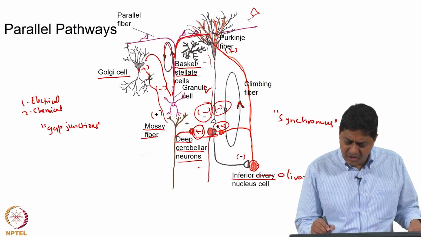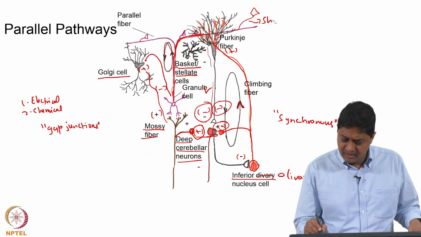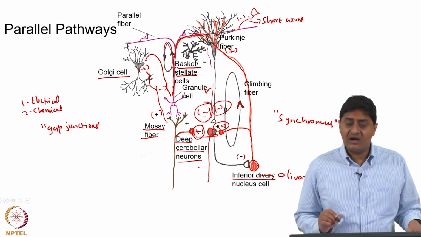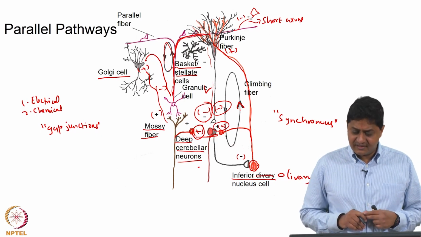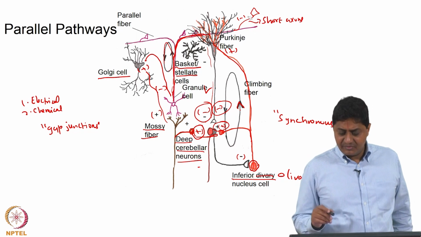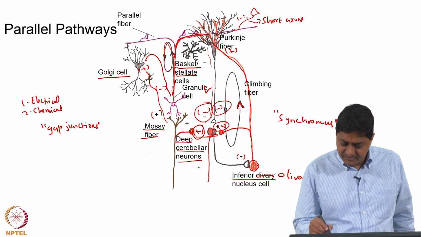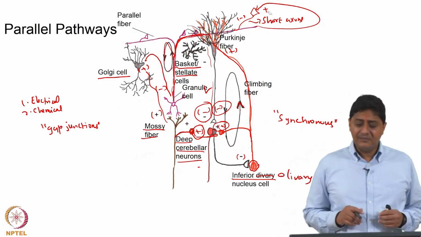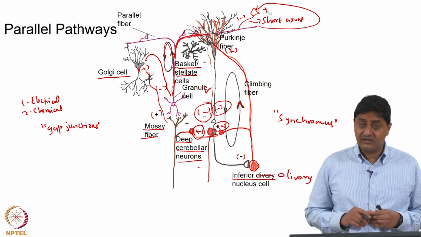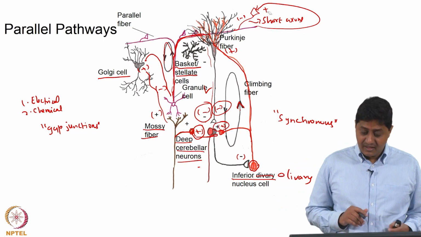These have relatively short axons and they cause inhibition of nearby dendrites of the Purkinje cell. They are excited by the parallel fibers. So, they receive excitatory inputs from parallel fibers and they inhibit nearby dendrites of the Purkinje cells.